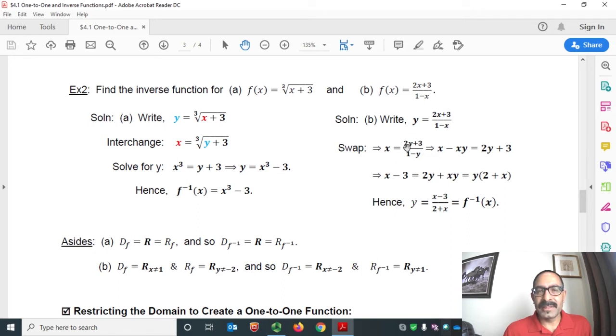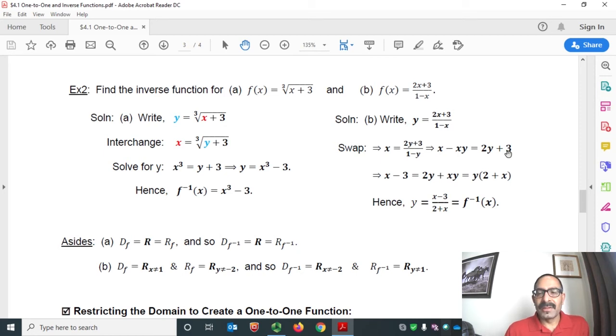Then next, I need to solve for y. First let's cross multiply. There is 1 under x, then I can multiply x times 1 minus y. So x times 1 is x, minus x times y is minus xy, equals 1 times 2y plus 3, so simply 2y plus 3.